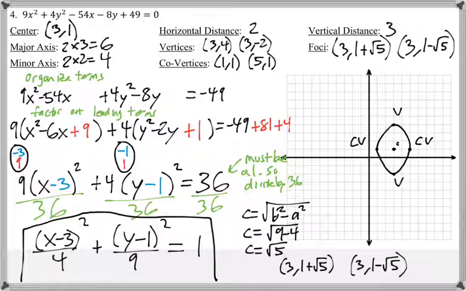Oops, I typed it in wrong. 1 minus square root of 5, negative 1.236. Sorry about that. So there's one, and there's the other. So when you graph those, it doesn't have to be perfect, as long as it's close. And that'll be our answer.